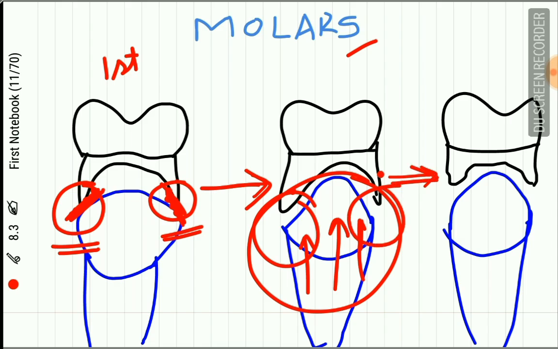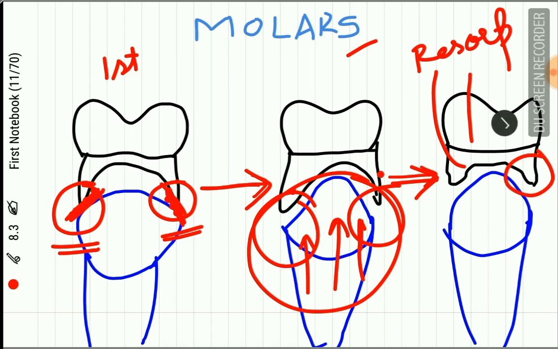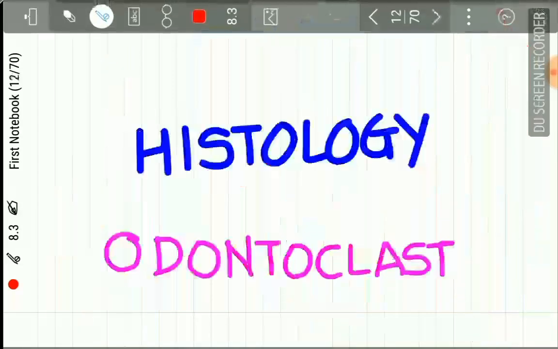Now, as the process further advances, the premolar starts resorbing the roots of the deciduous molar. Finally, when the resorption process is complete, the deciduous molar is shed off and the permanent premolar comes and lies in place of the deciduous molar.